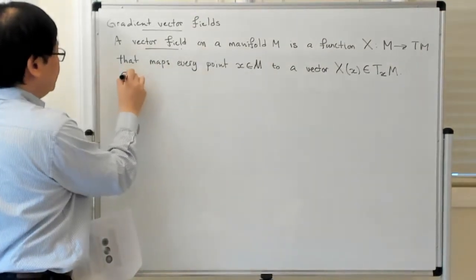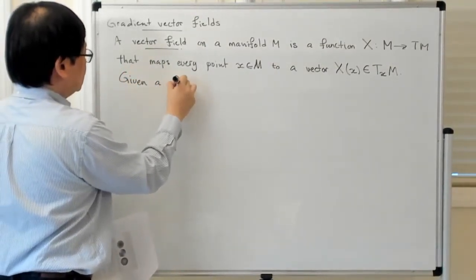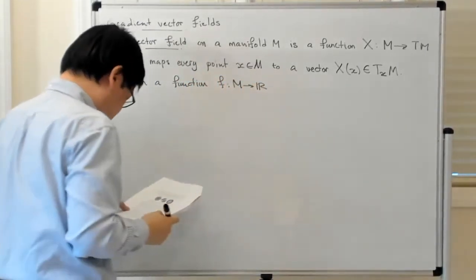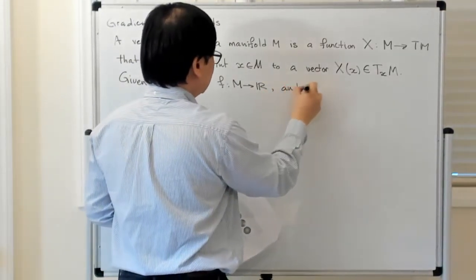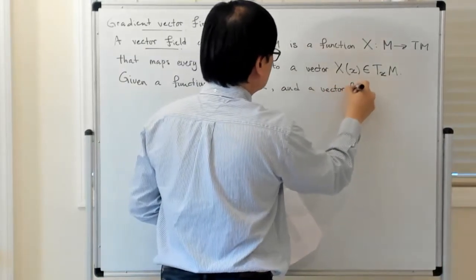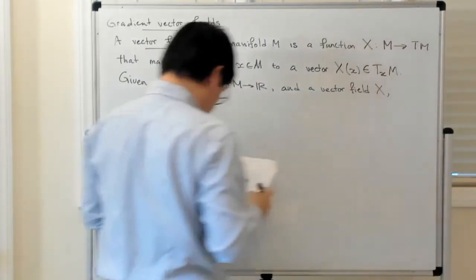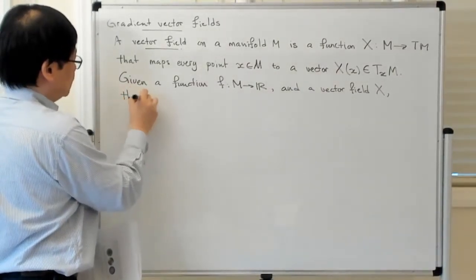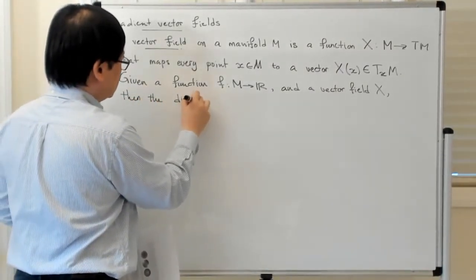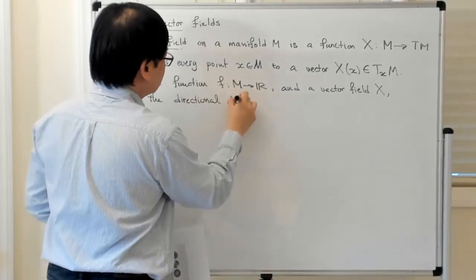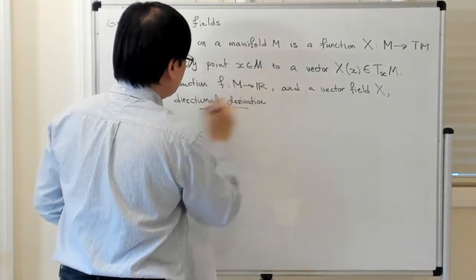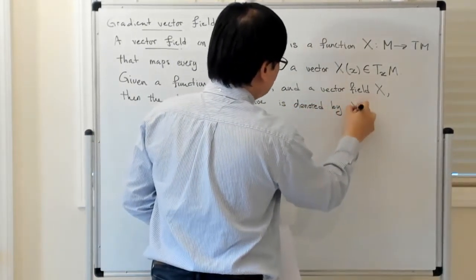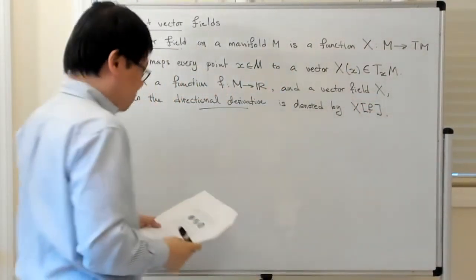And then if you're given a function, let's say f, which is a map from the manifold to the reals, and a vector field X, then we can talk about this notion of a directional derivative, denoted by X acting on the function f.